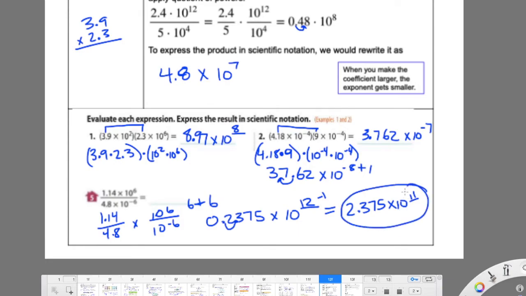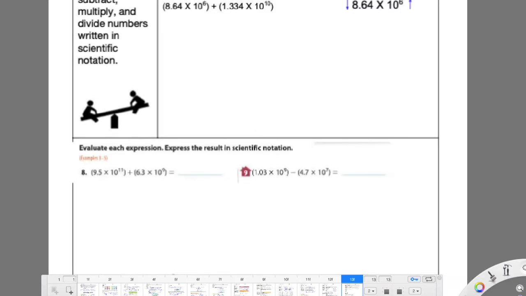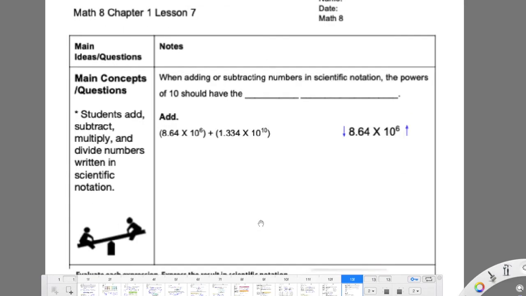All right, if we look at the next page, I believe we're just going to be doing addition and subtraction now. All right. So in this case, when adding or subtracting numbers in scientific notation, the powers of 10 should have the same exponent. So this is a case where we're actually looking for more like terms.